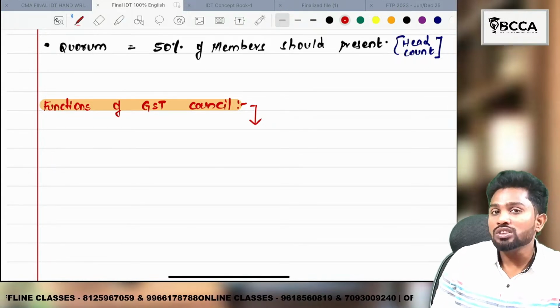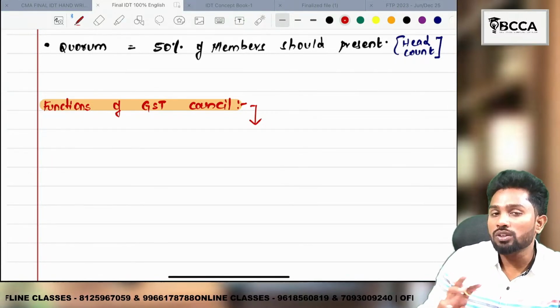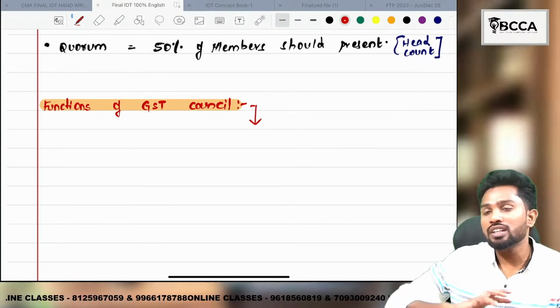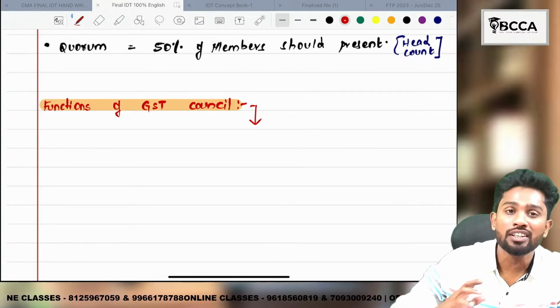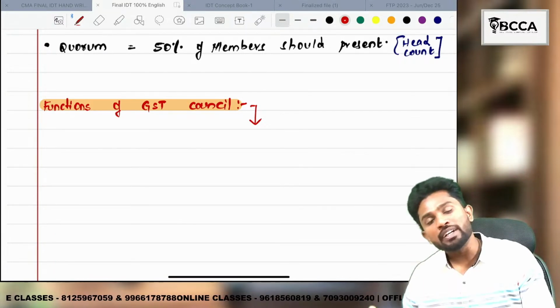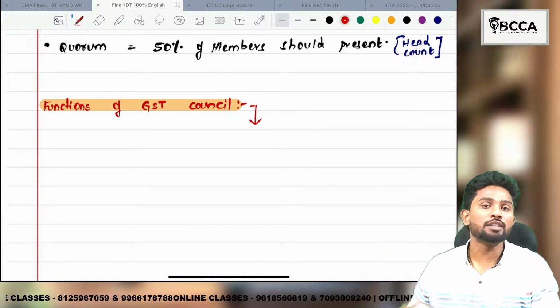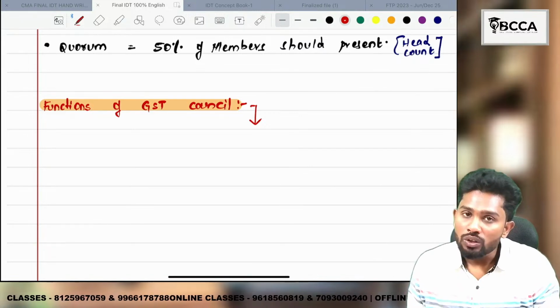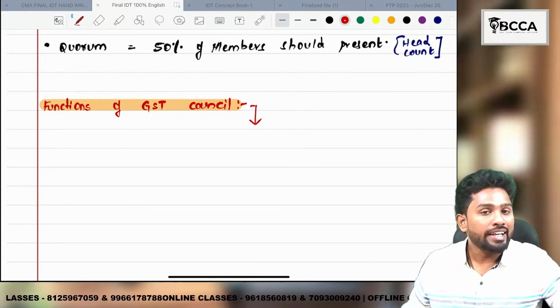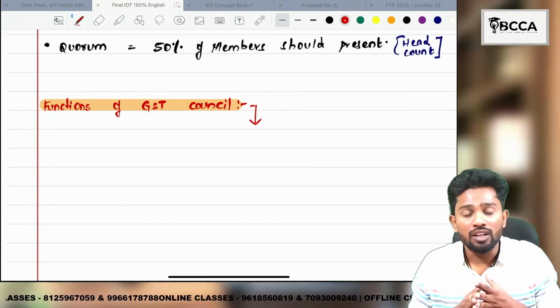So the decisions taken by the council cannot be called the real decisions of GST. They can be referred to only as recommendations. Those recommendations will be implemented by the parliament or state legislature by way of passing a law. So the function of the council is that it gives recommendations. It cannot directly give a direction or a decision.